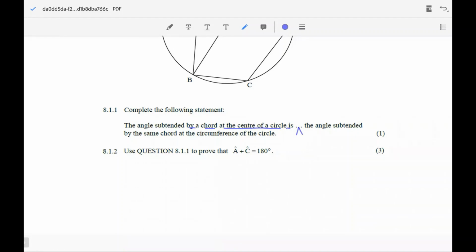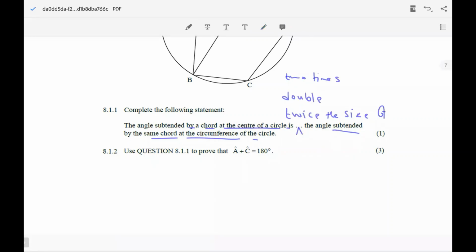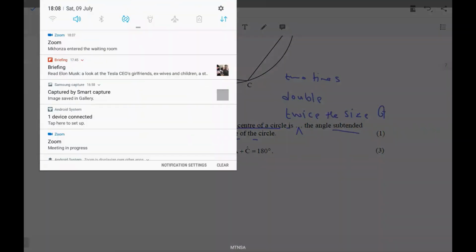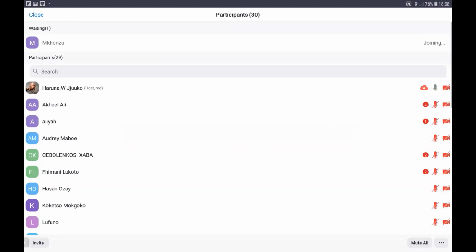That was theorem number 3, is twice the size of the angle subtended by the same chord at the circumference. So you can use the word twice, or double, or you can say it's 2 times the size of the angle subtended by the same chord. So that is one mark which everyone must always get.